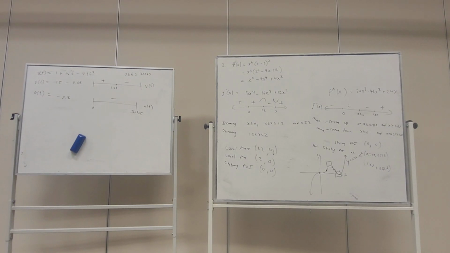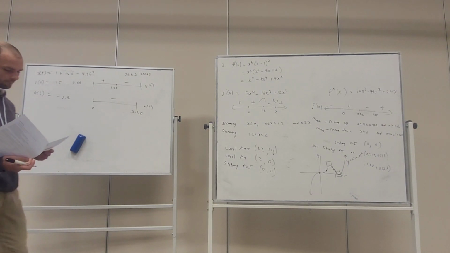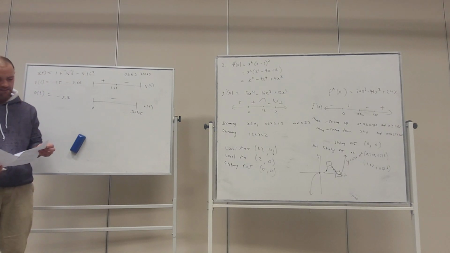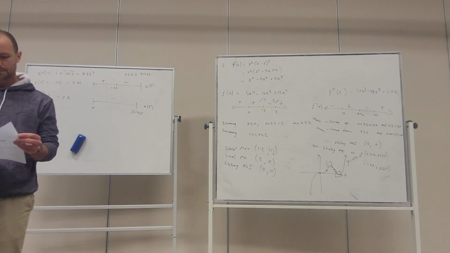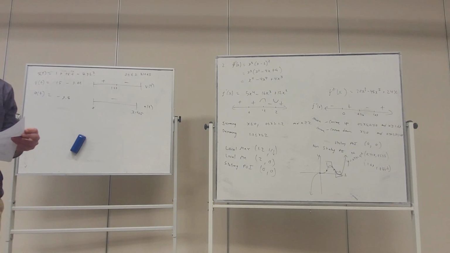This is a fairly common type of question. If we flick to the topic summary under kinematics, it's listed here, the bottom point: speed of an object is the magnitude of its velocity. If V of t and A of t have the same sign, then the speed is increasing. If they have opposite signs, speed is decreasing.